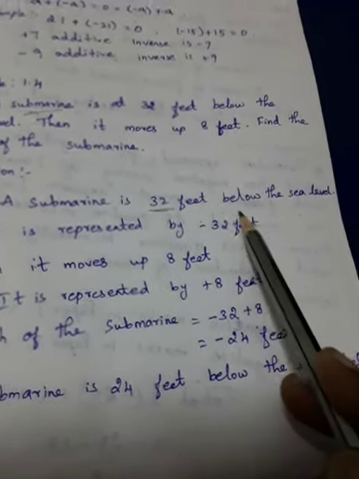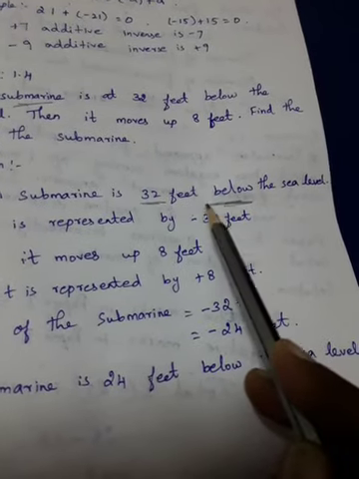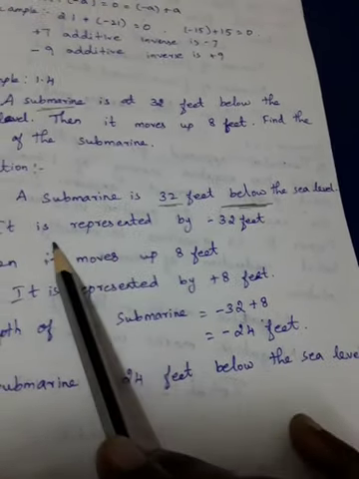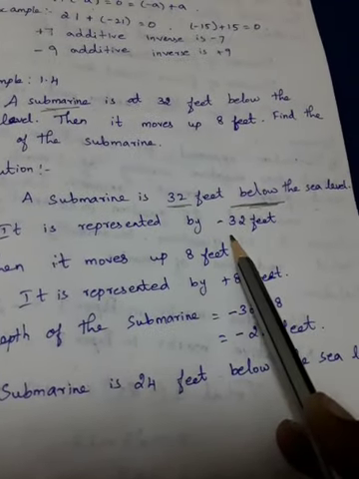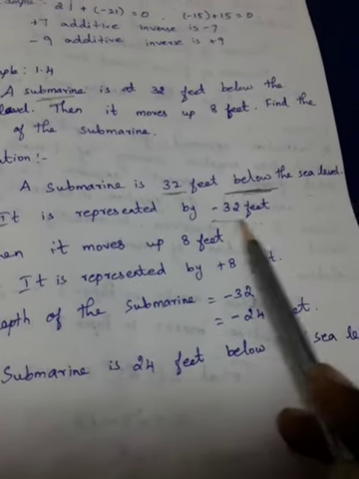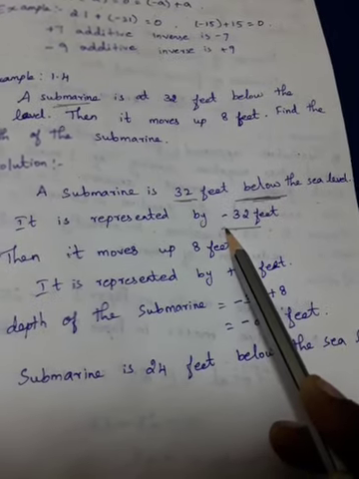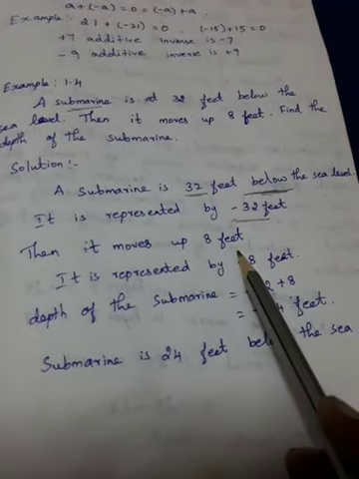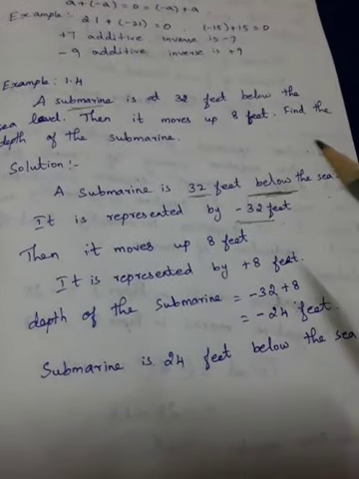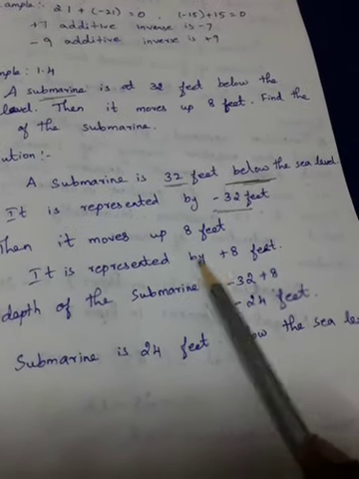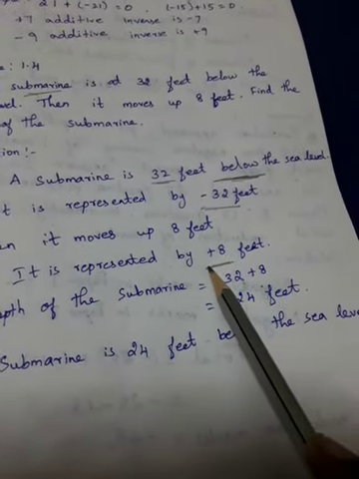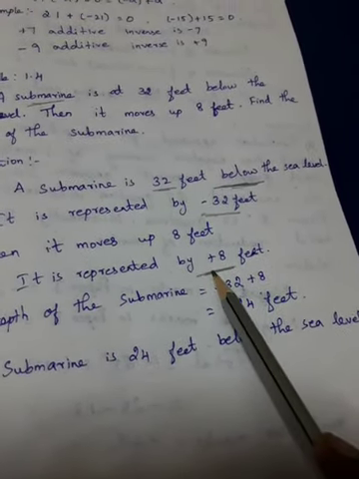If it is under the sea, do you know how you represent the 32? It is represented by minus 32. Next, it moves up 8 feet. It moves up, so we represent it by plus 8.